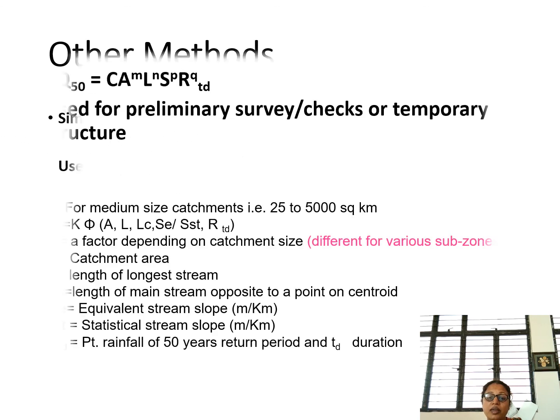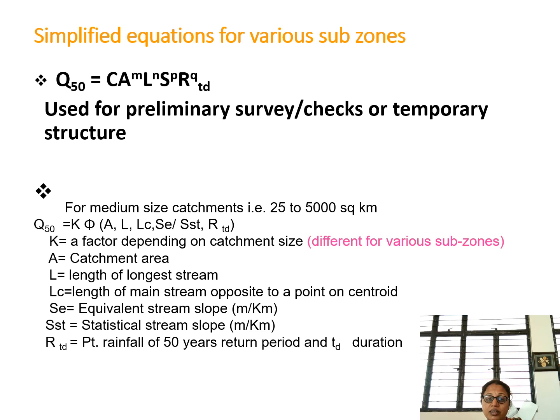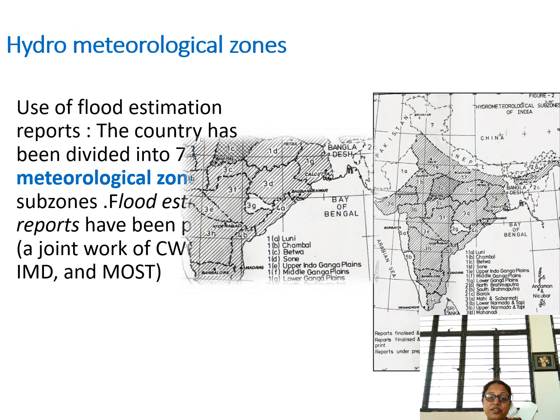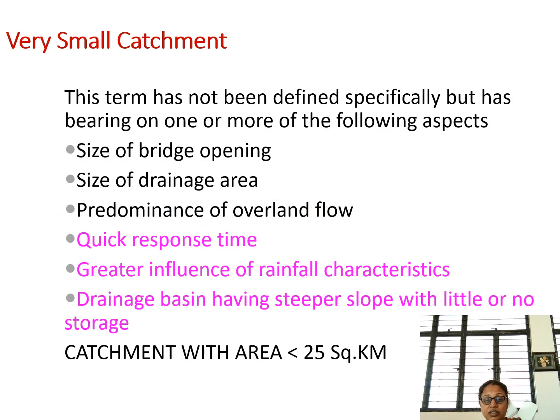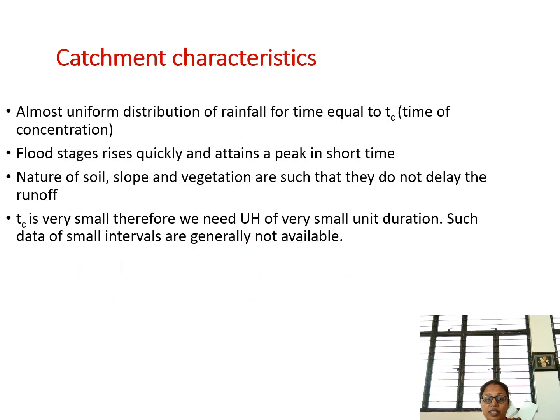So depending upon which zone, you have similar simplified equations to calculate the surface runoff, that is, the discharge. And for very small catchments, the unit hydrograph is the best method. But it again depends upon the catchment characteristics such as the nature of the soil, slope, vegetation, and the distribution of rainfall for some equivalent time. All these things have to be considered.